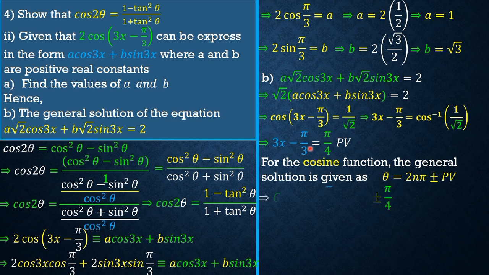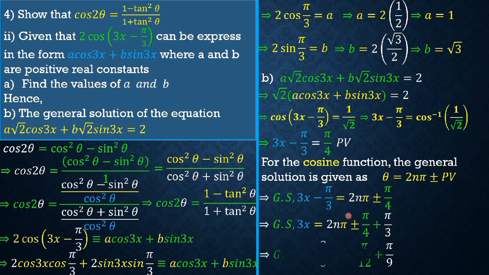So we are going to have 3x minus pi over 3 equal to 2n pi plus or minus pi over 4. At this point, guys, if we carry minus pi over 3 to the right hand side, it becomes positive.